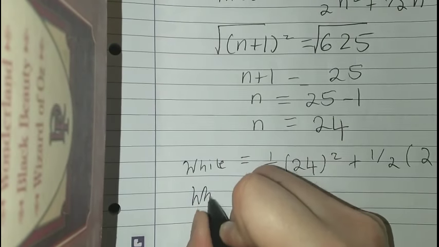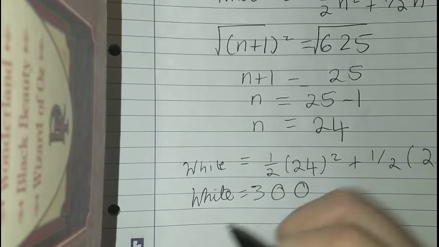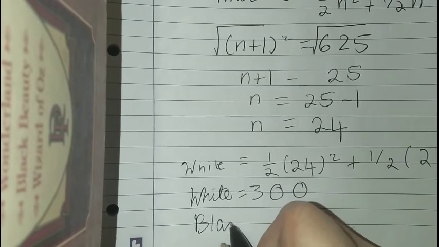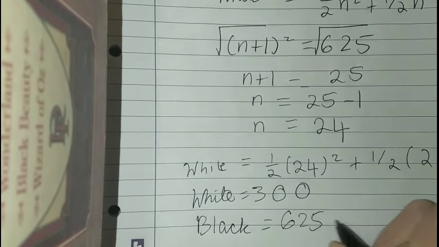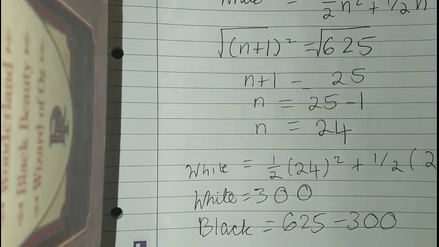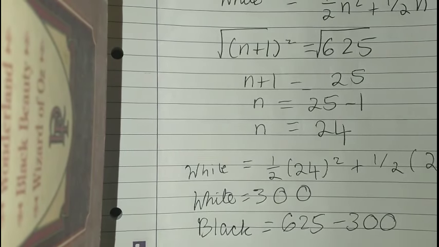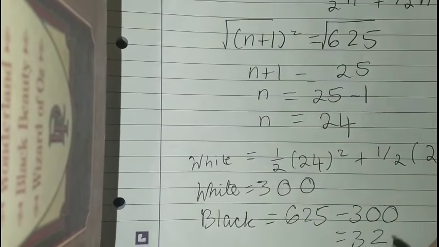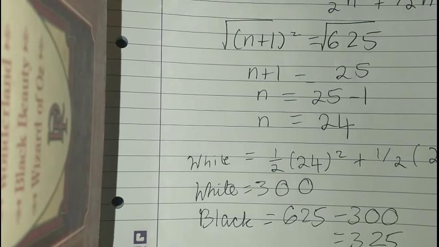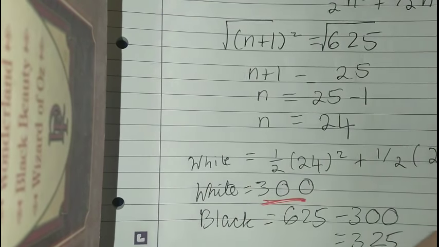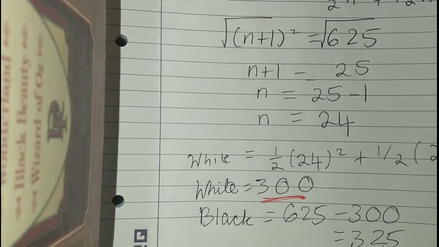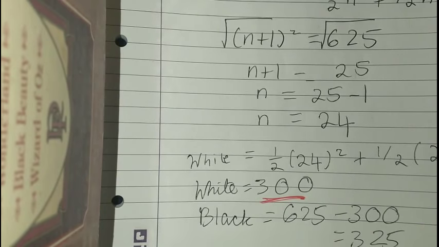The number of black will just be the total minus the number of white, so 625 minus 300. So the number of black triangles is 325. So the number of white is 300 and the number of black is 325, and that is my answer for that question.